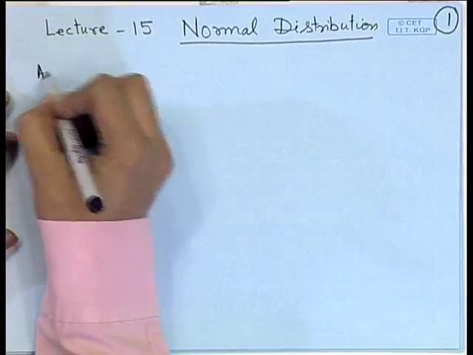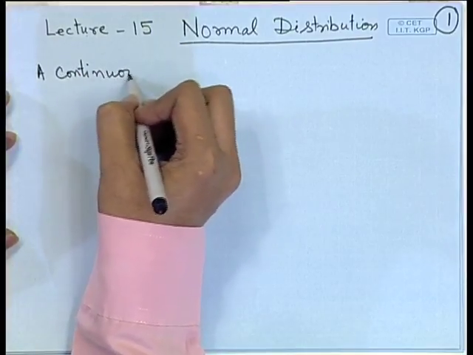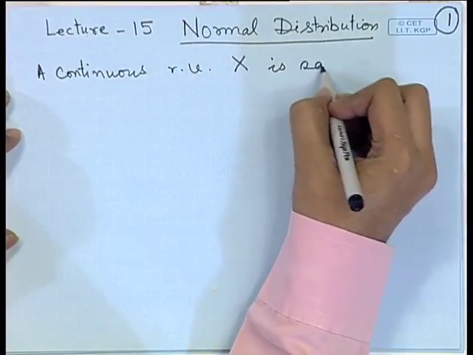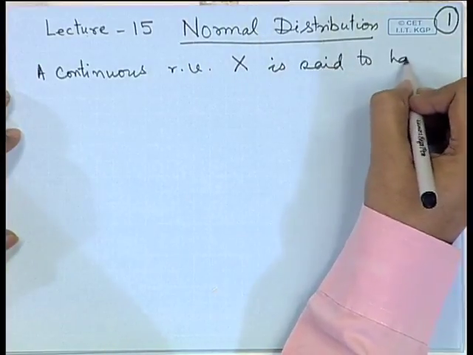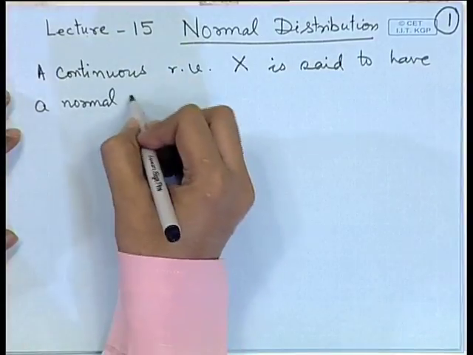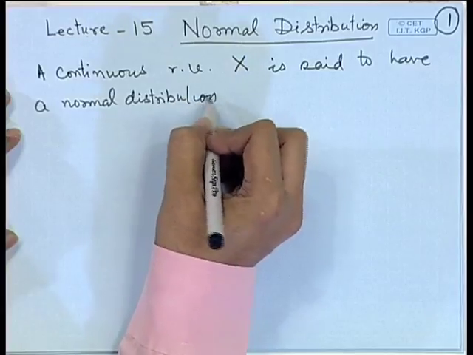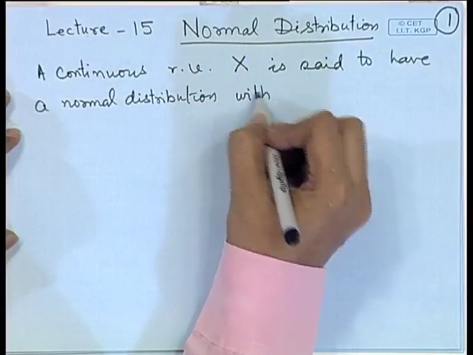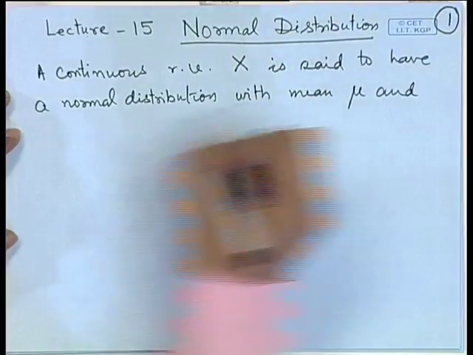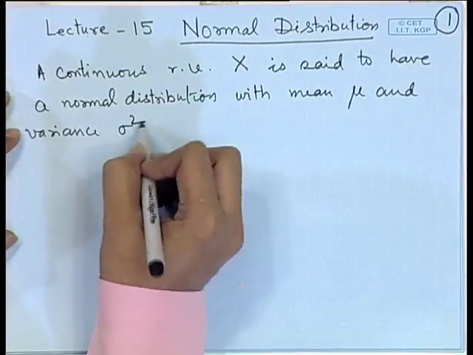So, a continuous random variable X is said to have a normal distribution with mean mu and variance sigma square.